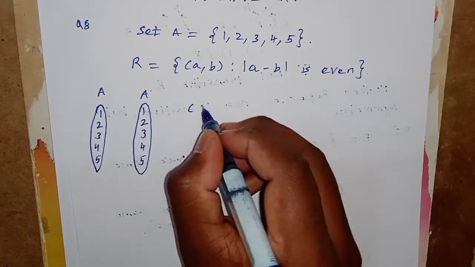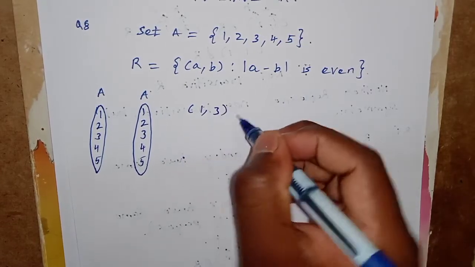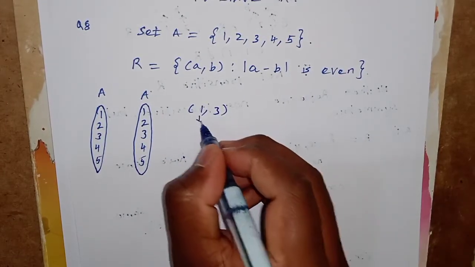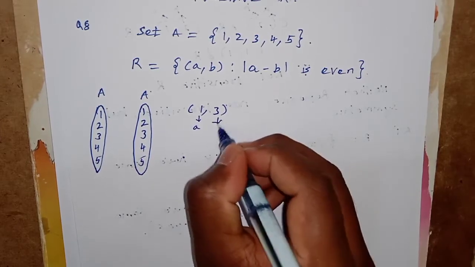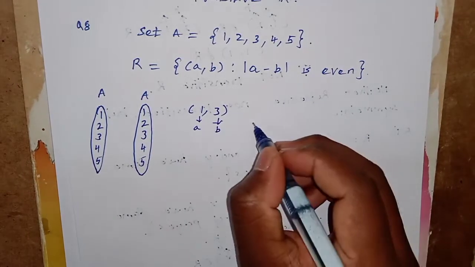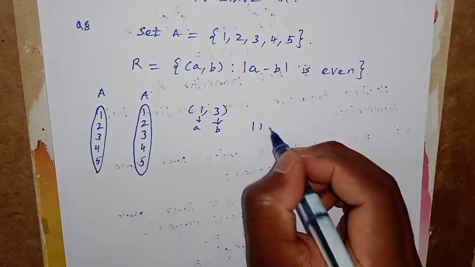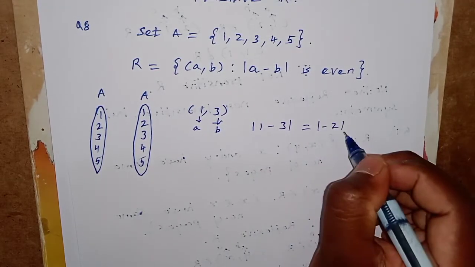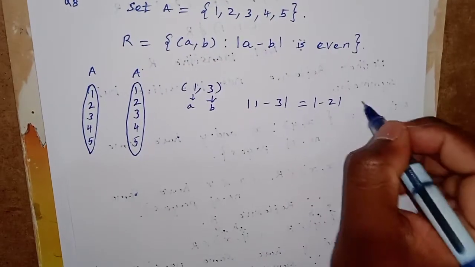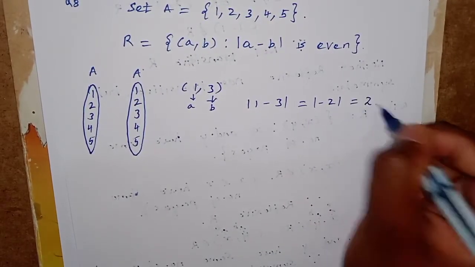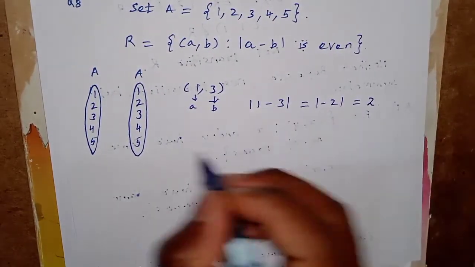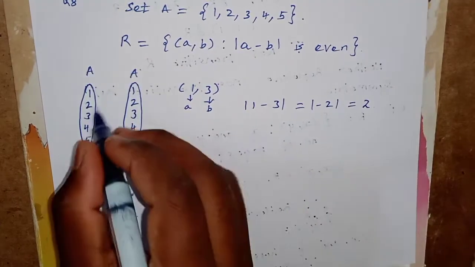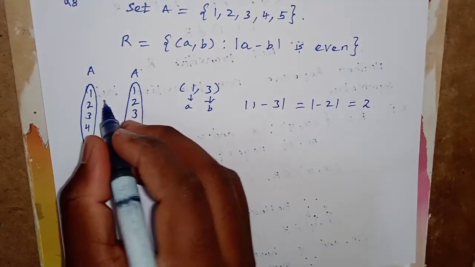I am taking (1, 3). For A here it is 1, for B 3. If you subtract, 1 minus 3 equal to minus 2. Taking modulus, here it will become plus 2. Next, you have to check all other terms like this.